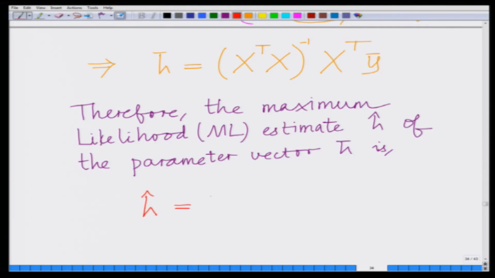H hat equals x transpose x inverse x transpose y bar.